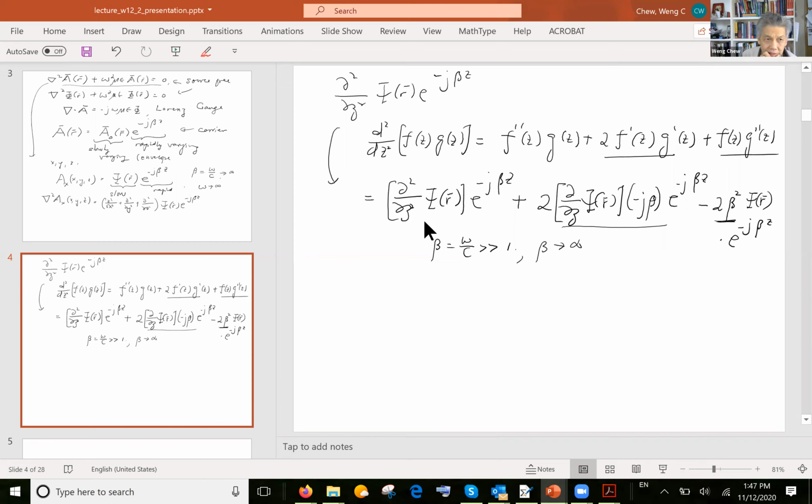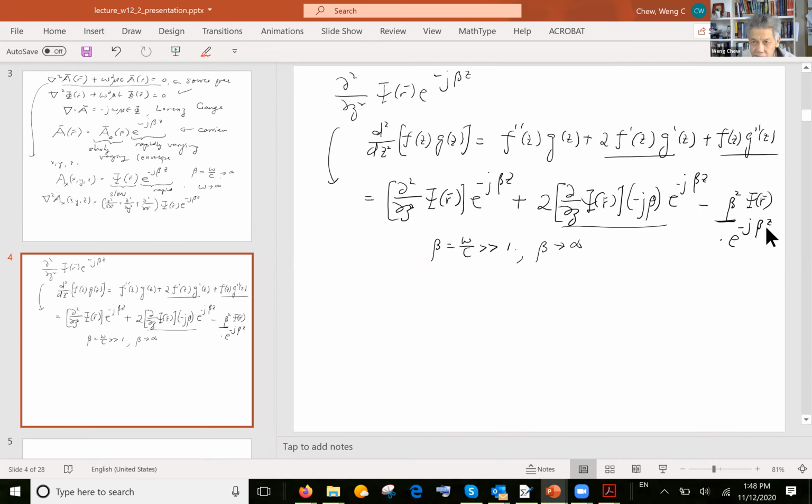I can plug everything back in there, and I made a mistake here: the 2 shouldn't be there. There's no 2. When I plug this equation back into this expression, which is the first line of this equation over there, there's a beta squared term here and a beta squared term here.